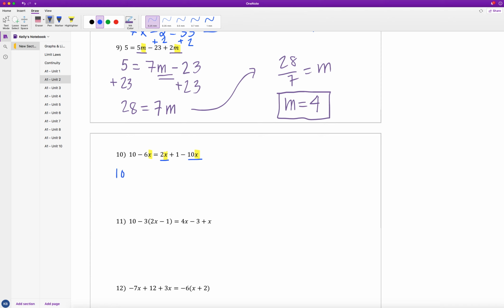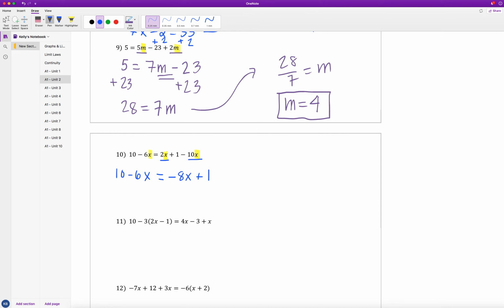The left side is going to stay unchanged, so I'll just have 10 minus 6x still equals, now on the right-hand side, 2x minus 10x will give me negative 8x plus 1, because I can combine those like terms, and 2 minus 10 will give me a negative 8.